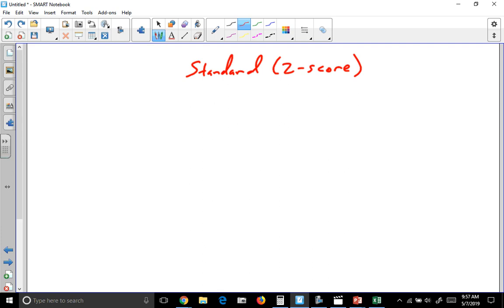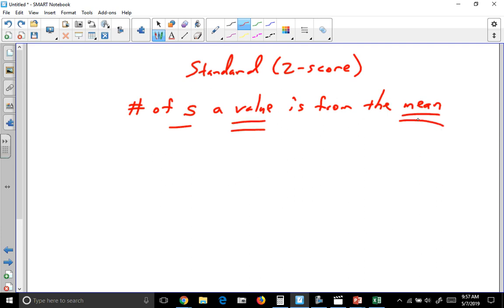And what a standard score or a z-score is, it is a measure of the number of standard deviations a value is from the mean. How many standard deviations is a particular number from the mean?